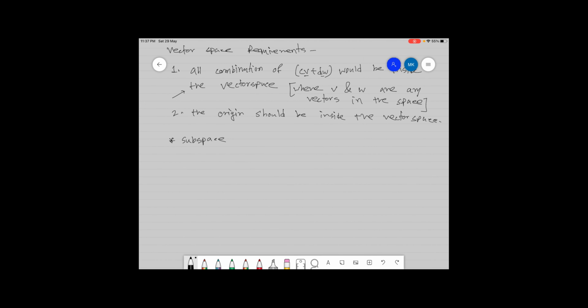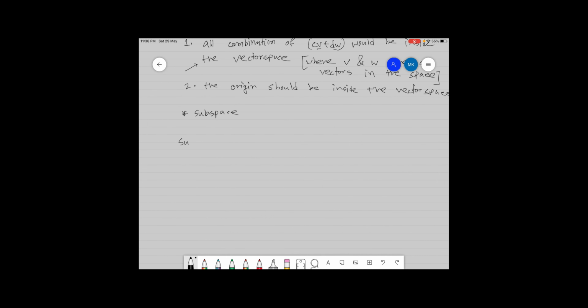So could you remember all the subspaces of R3? We discussed in our last lecture that a plane through the origin in R3 would be a subspace, a line through the origin in R3 is a subspace, and the whole 3D coordinate system is also a subspace of R3. Okay.